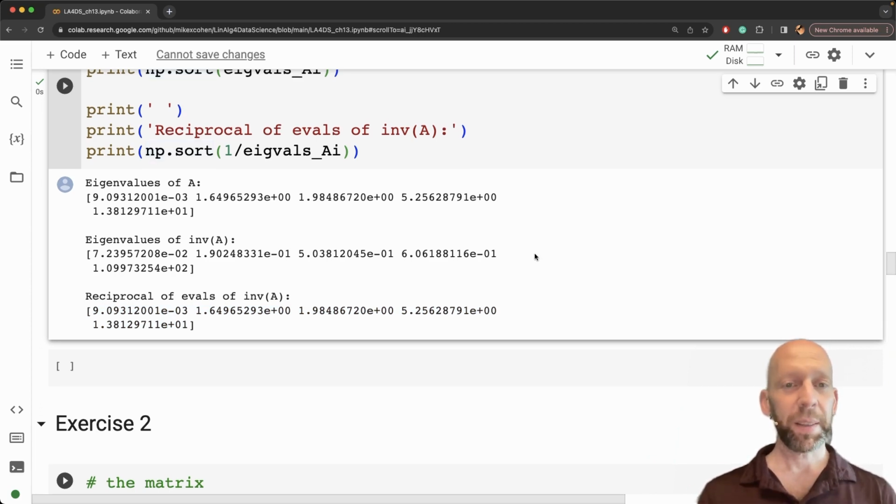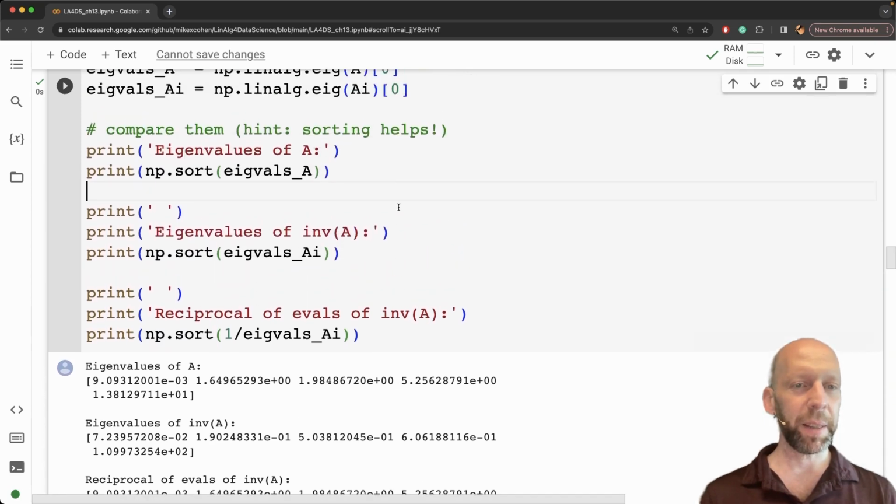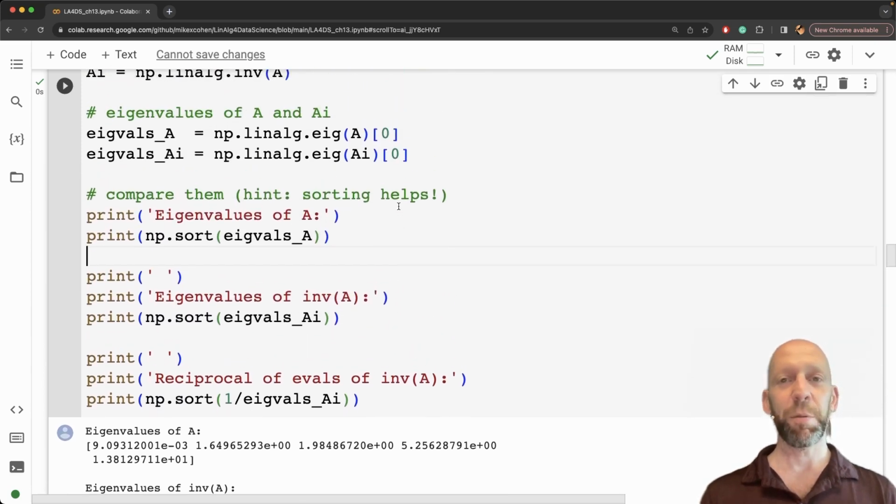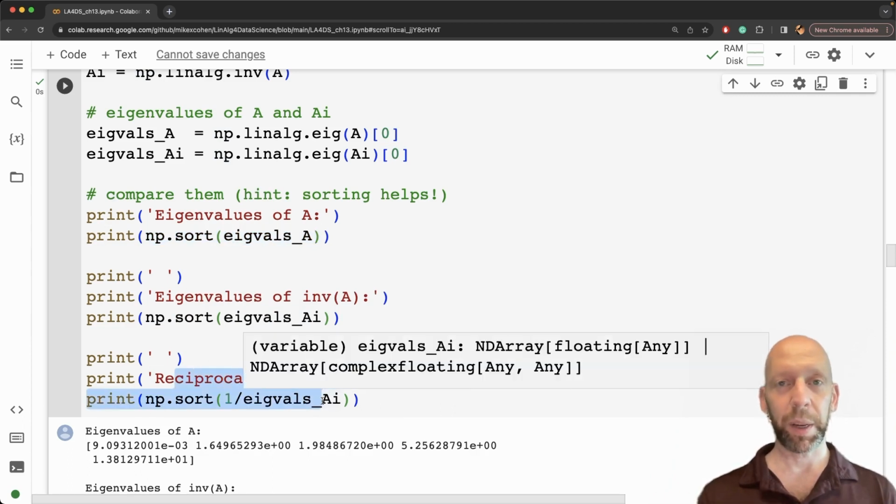You might have noticed that I don't actually demonstrate the equality of the eigenvectors in this code here. That's certainly something I would encourage you to do. So here I only extracted the eigenvalues. You can also extract the eigenvectors. Just make sure when you're doing that, that if the eigenvalues are not sorted in the same way for A and A inverse, then the eigenvectors are not going to be sorted in the same way.